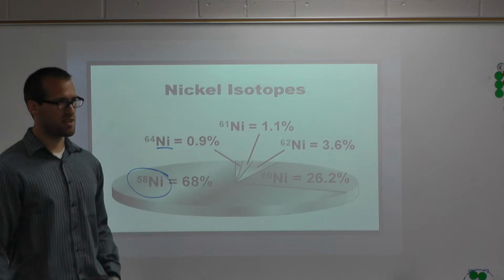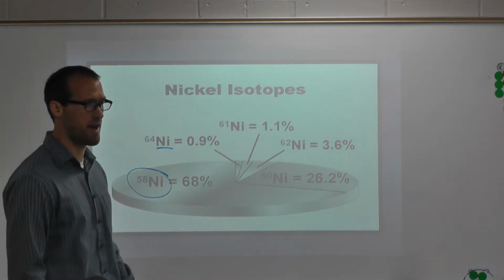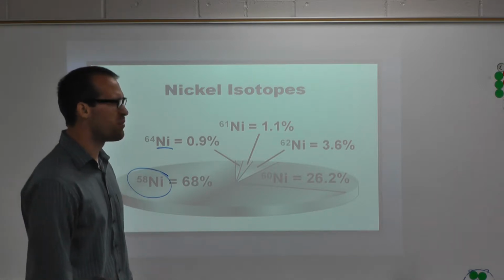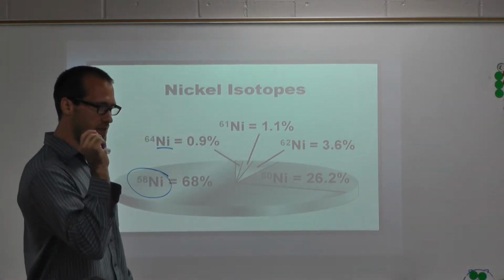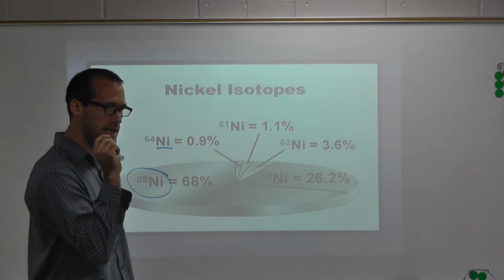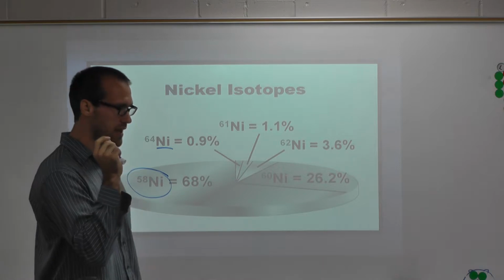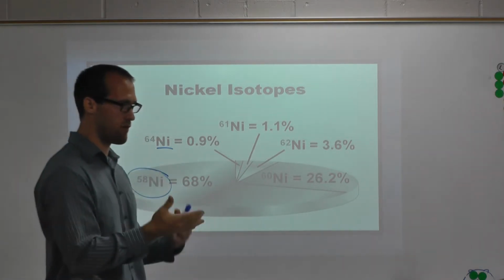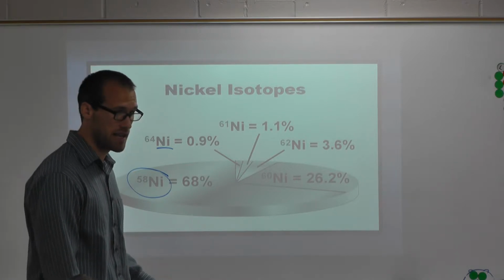Okay, that actually is important when you get to a higher level when we start talking about atomic mass on a deeper level, because when you pick one nickel atom out of a group of nickel atoms, how do you know which kind you get? You don't, right? Like, if you randomly pick a jelly bean out of a big bag of jelly beans, are you going to be able to predict which color you get?